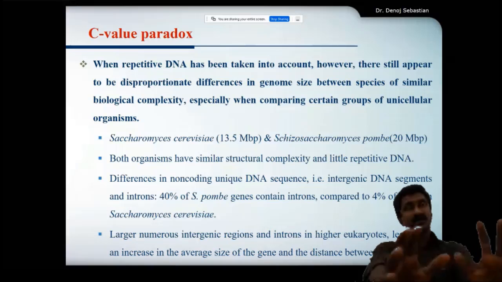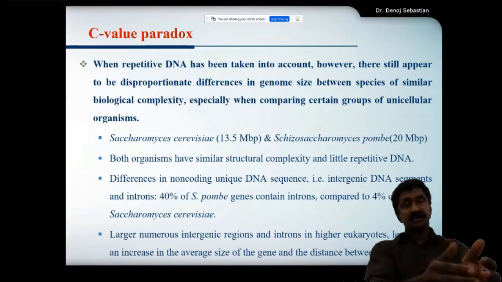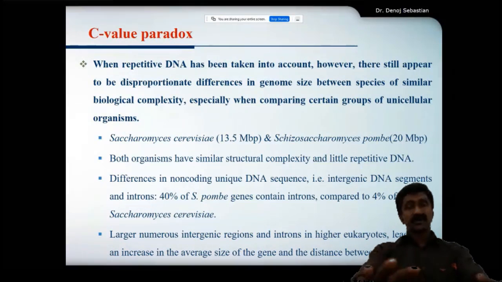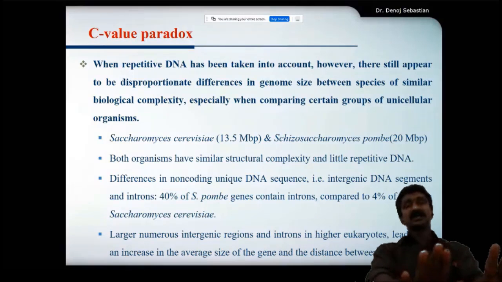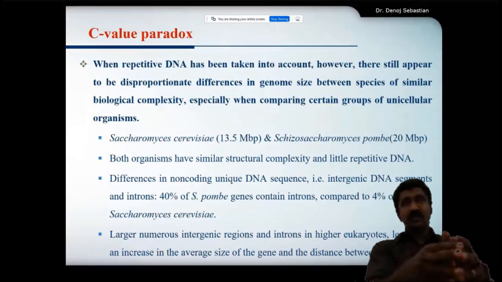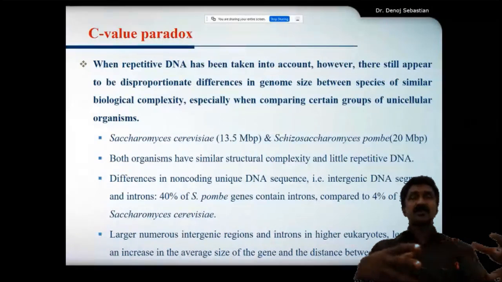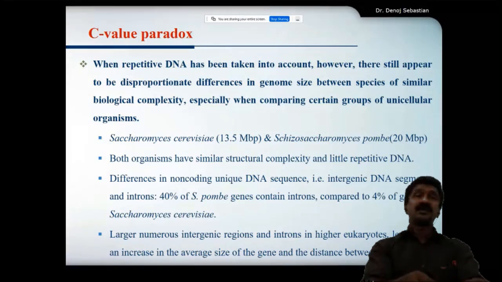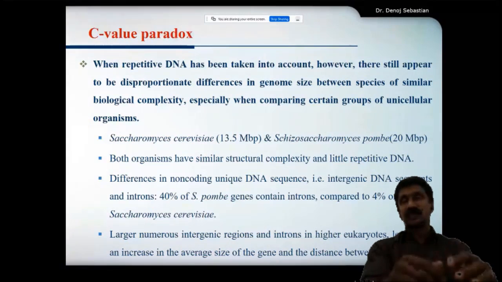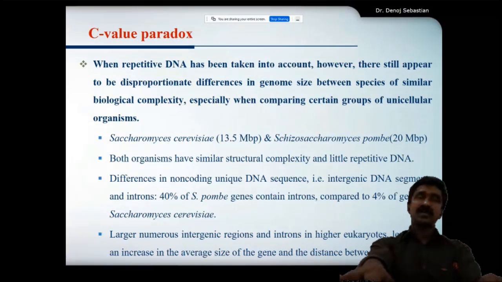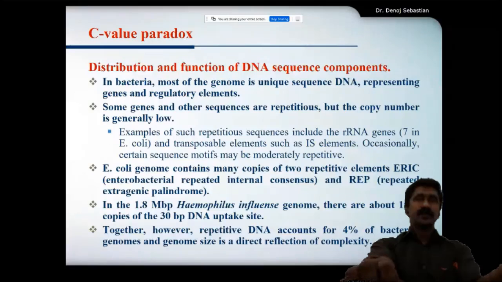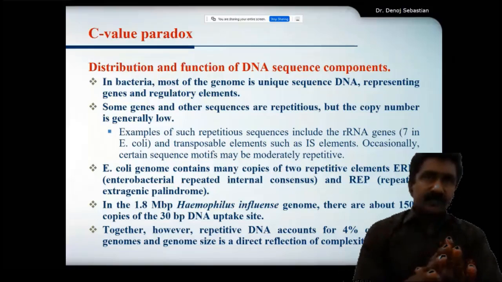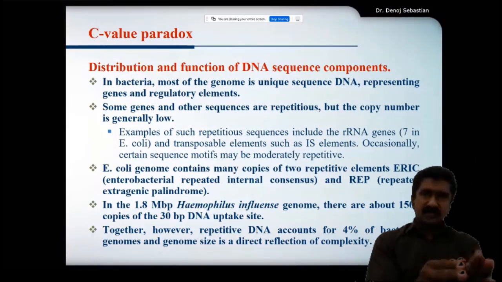One more thing is that the overall distance between the genes within the same genome will also be considerably affected by the presence of these intergenic regions or introns, which will increase the overall size, and proportionately the distance between the genes will also increase if there are larger intron sequences in between the genes. So this is normally seen in the case of eukaryotes. So this is about the distribution and function of DNA sequence content.